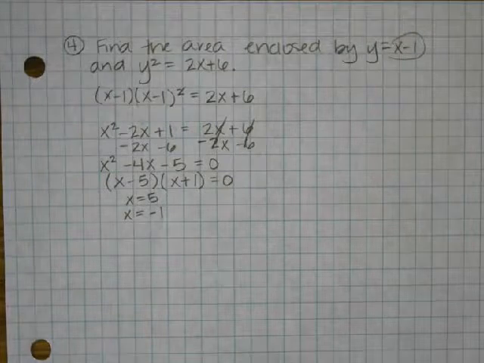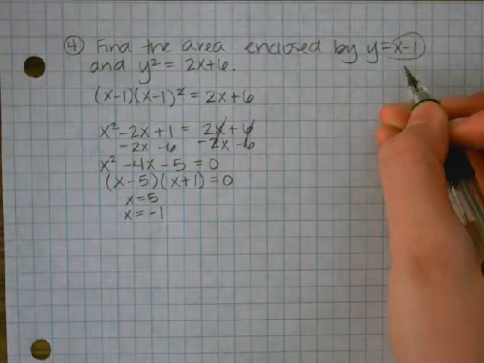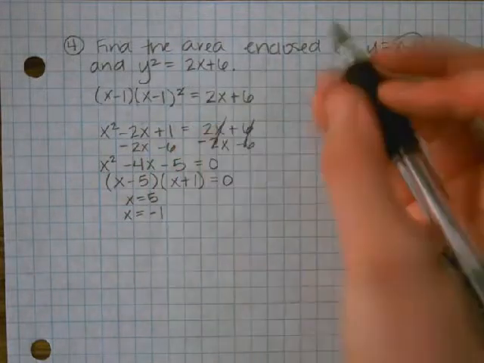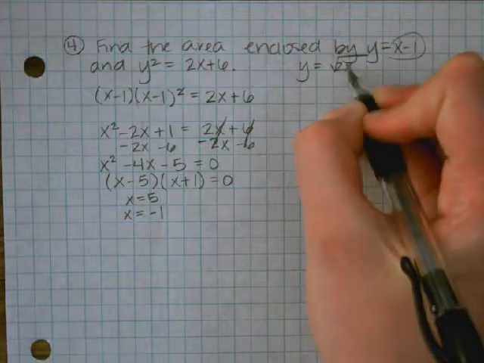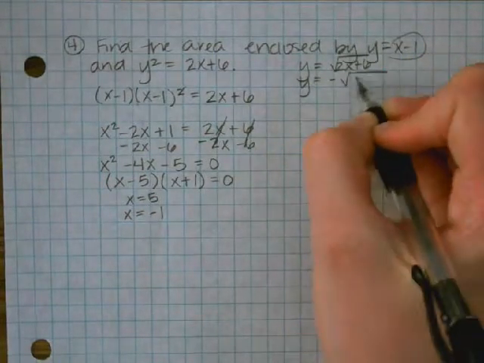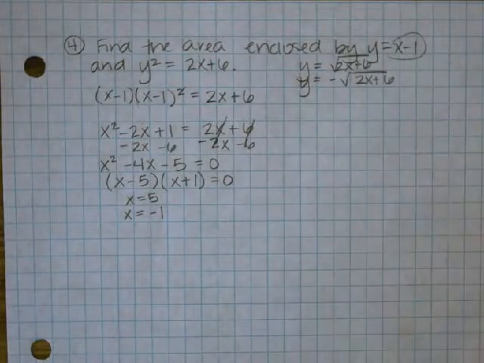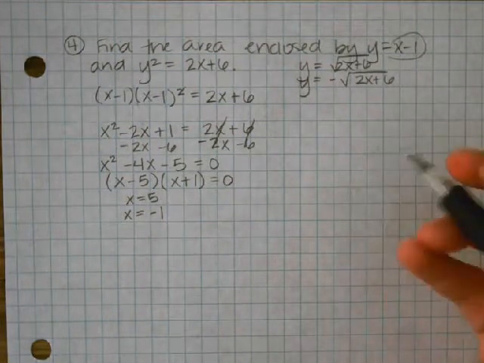drawing. We're going to graph y equals x minus 1. Then we're going to have to graph y equals the positive square root of 2x plus 6. And y equals negative square root of 2x plus 6. You're going to see in a second the point. Yeah.